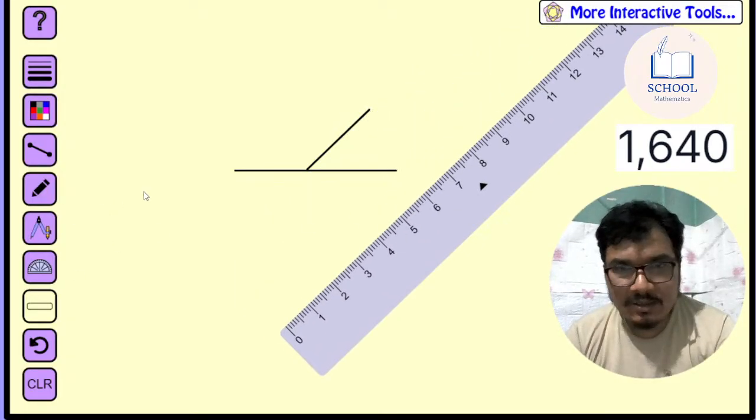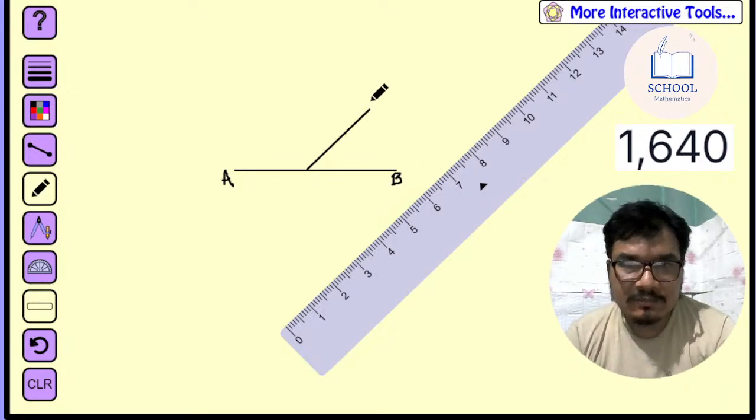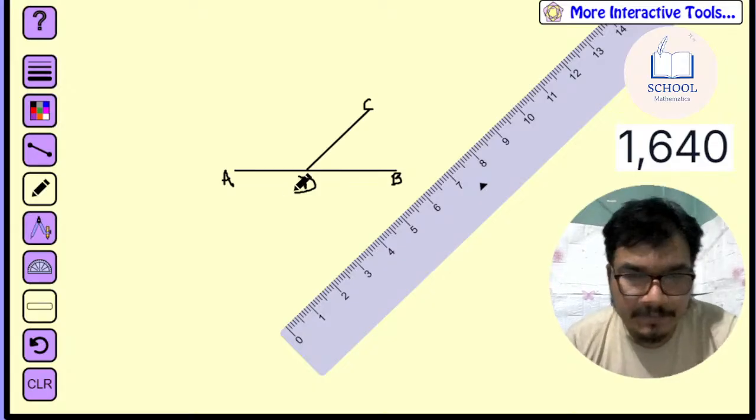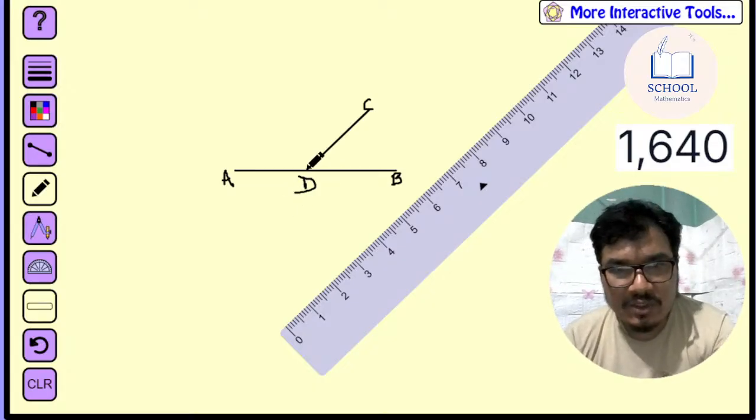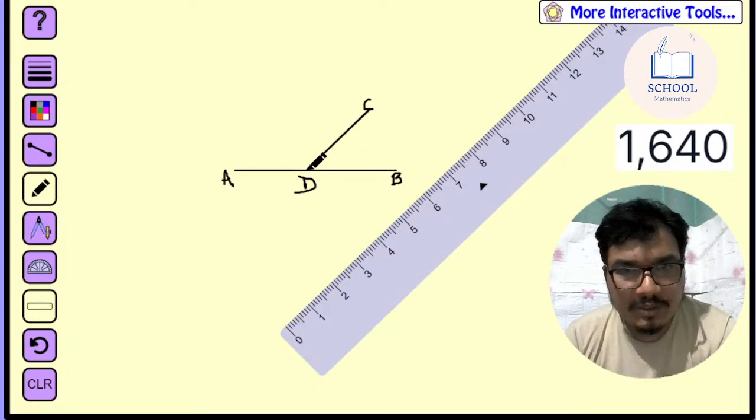And in this figure, this is AB line, right? And this is CD line segment, okay? And they're meeting each other at the point D.